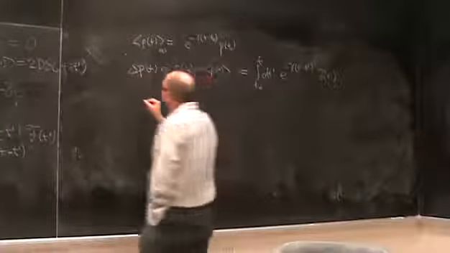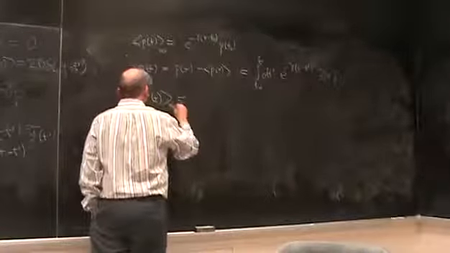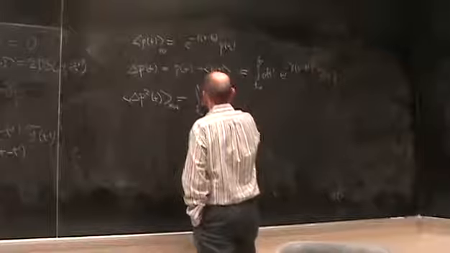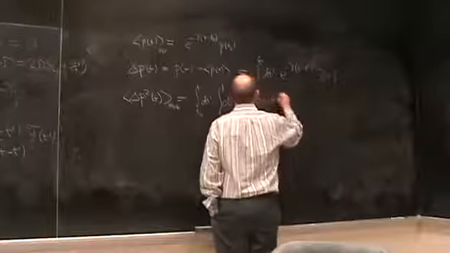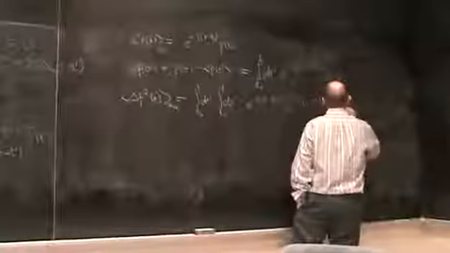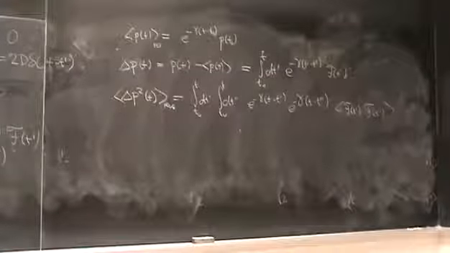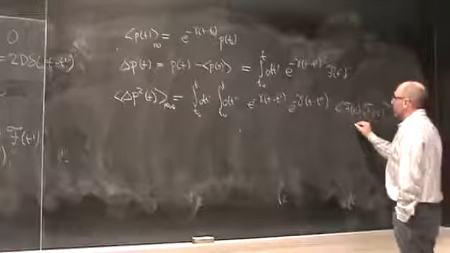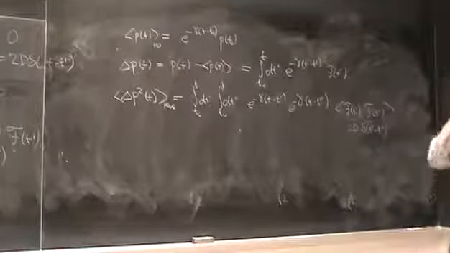So the fluctuations in momentum averaged over the reservoir are equal to this double integral, and this is equal to this coefficient 2D, as it's traditionally written, times the delta function.